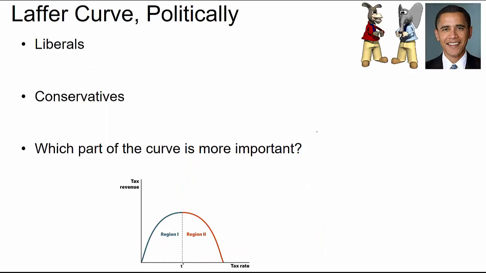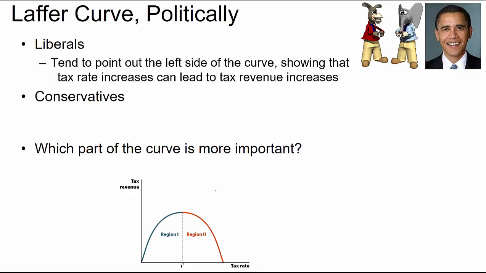Okay. So when people look at the Laffer curve, there are different thoughts here. Political point of view has an effect on how people view the Laffer curve. Liberals tend to point out the left side of the curve, so this side over here. They generally believe that we're always on that side, and that if you increase taxes, you're going to increase tax revenue.